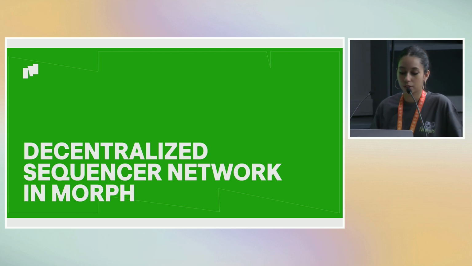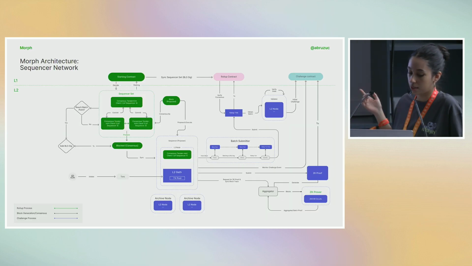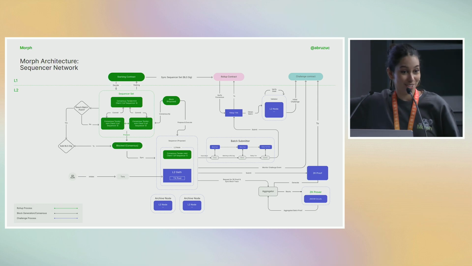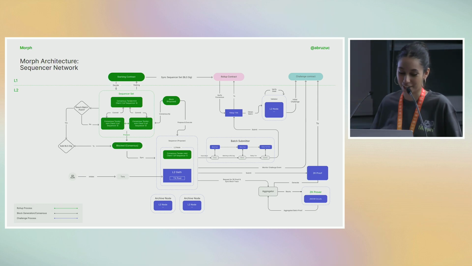Think of a block like a page in a ledger book for digital transactions, right? To join this group, participants need to put down some ETH as a kind of promise, and this is a stake. So this is the whole diagram.